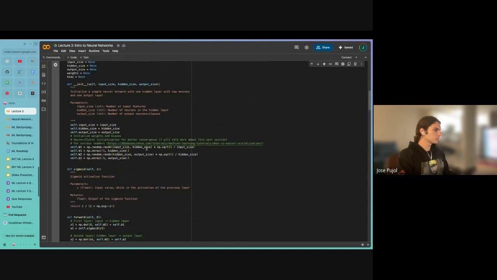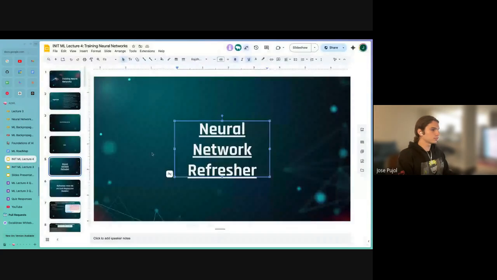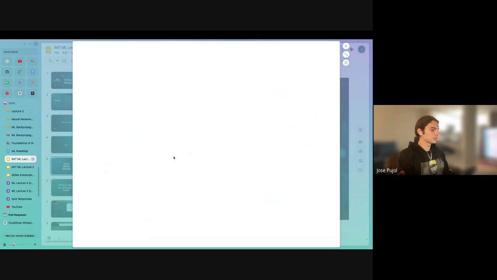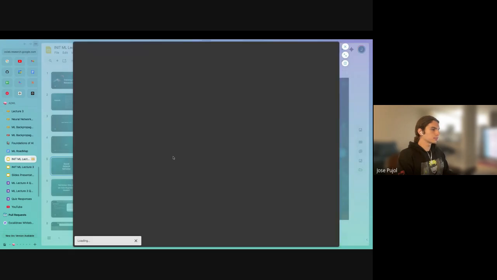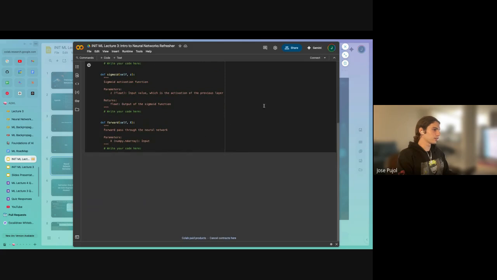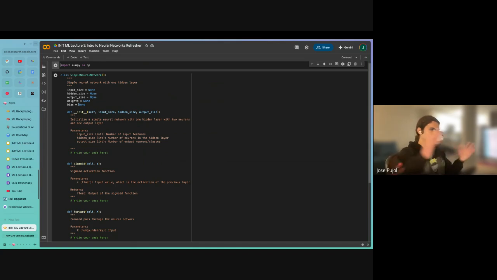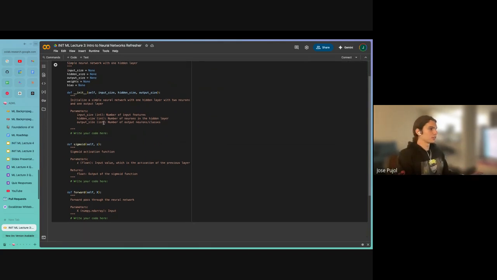Wait, did I put the blank one in there? Let me see. I hope this is blank. Yeah, this is blank. Okay, I went to the wrong one. So it's just a blank implementation of a neural network.